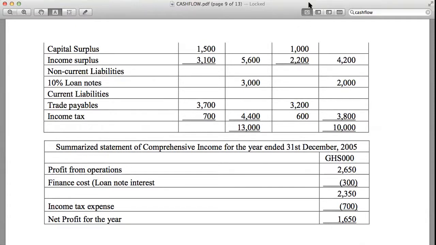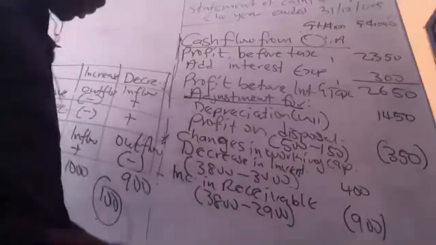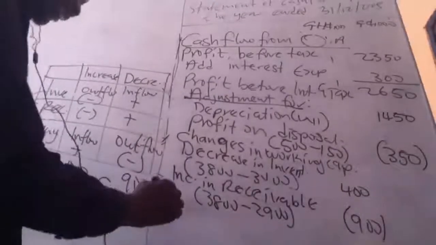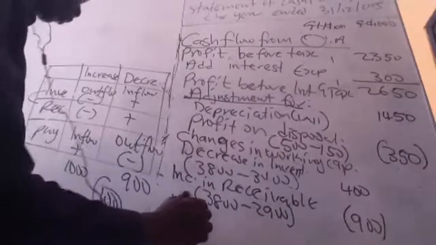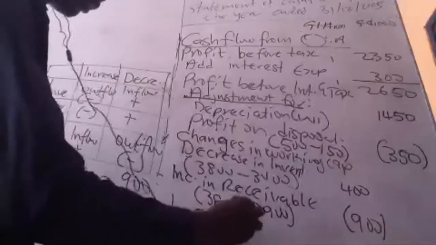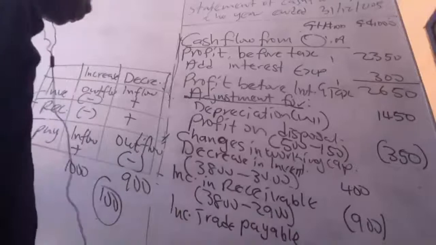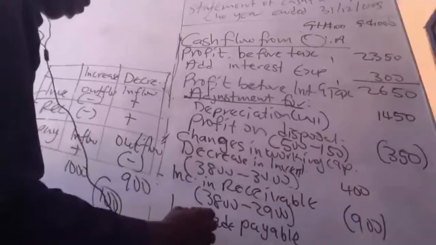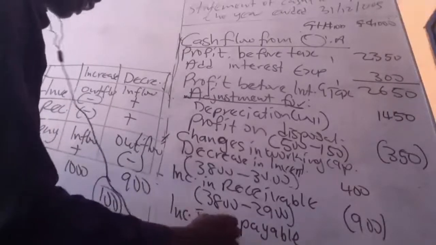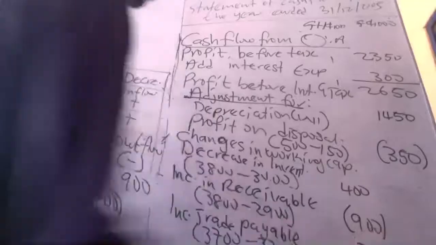Good. So it has also increased. So you say increase in trade payable. Then you open a bracket. It was 3,700 less 3,200, to give us 500.